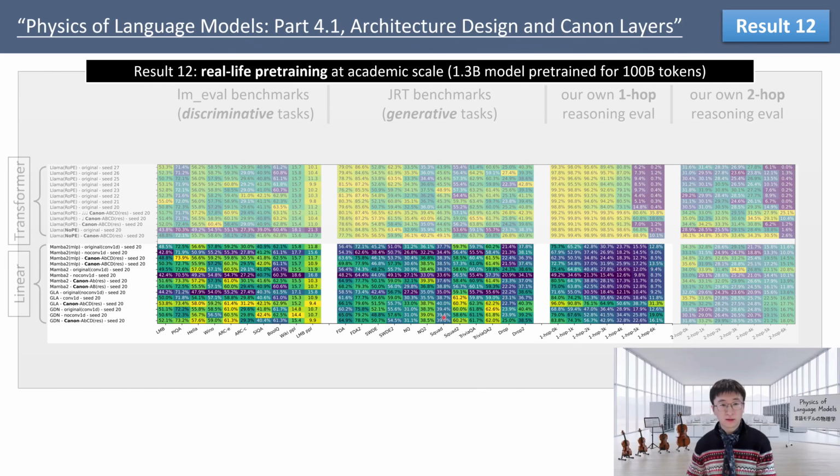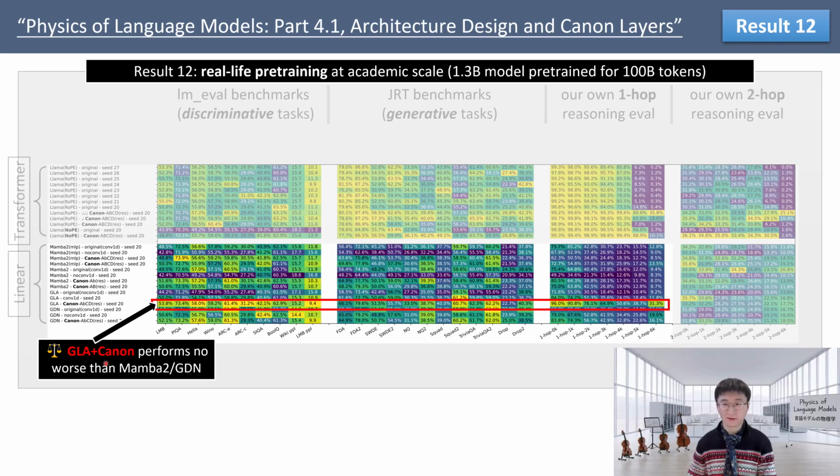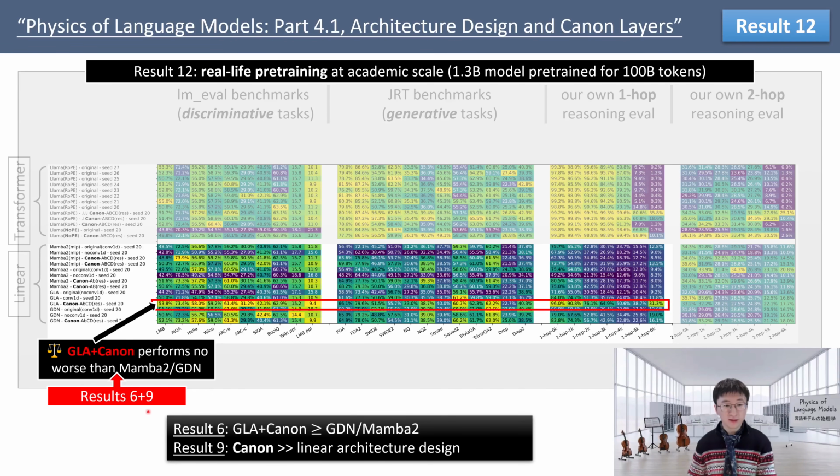And the next result I want to point out here is actually this very bright row. If you read the name, this is GLA, the linear attention plus Canon, right? So I predicted using synthetic tasks that just by using linear attention, and once you add the Canon layers, it performs no worse than GDN or Mamba2.